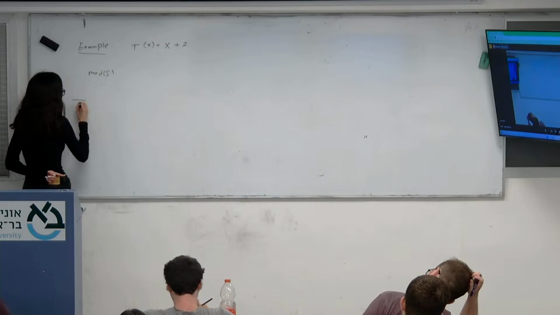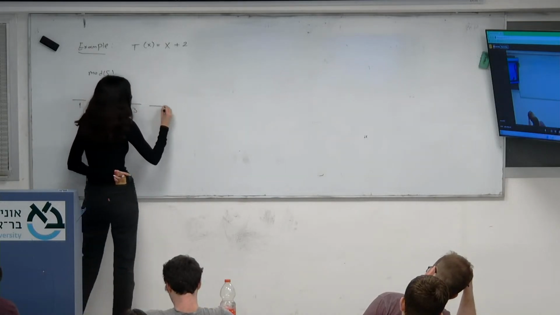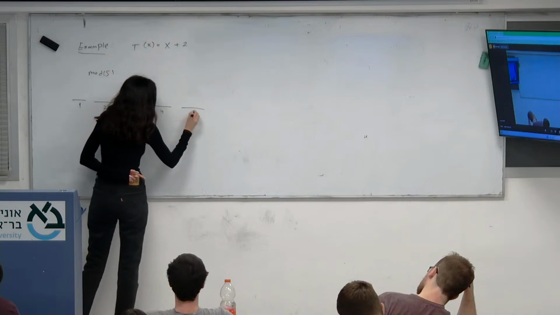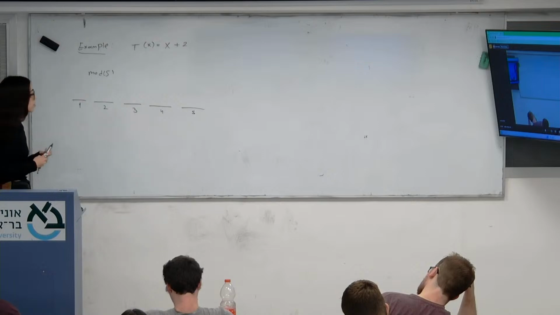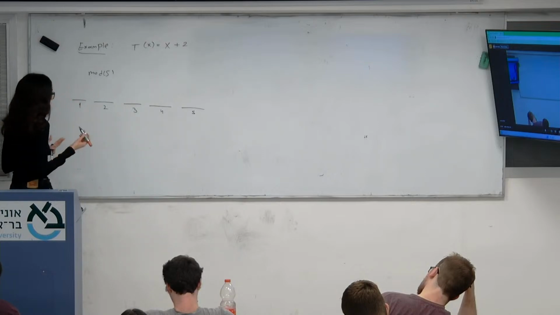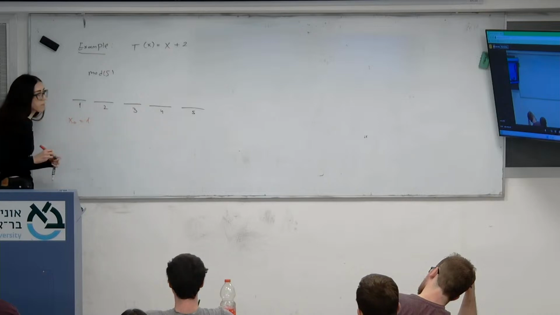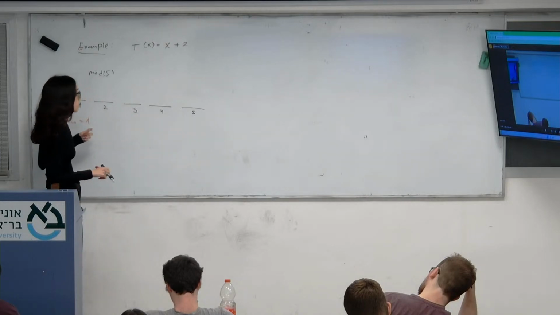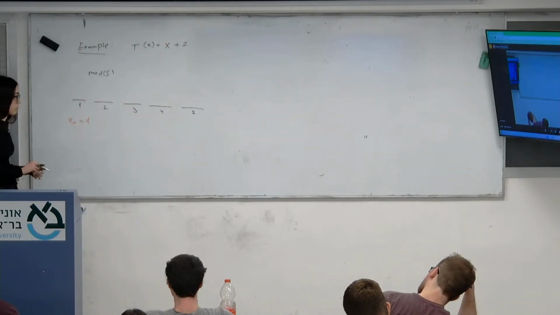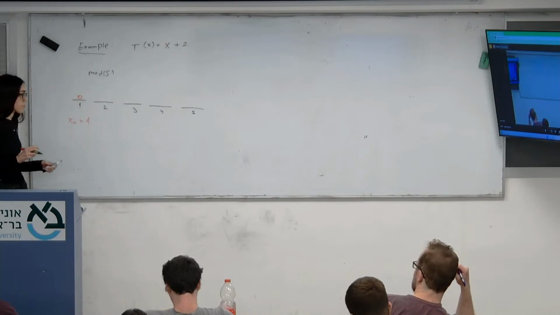So we have 1, 2, 3, and we have some initial condition, for example x0 equal to 1. And then we can look at the time evolution of that initial condition. So the particle starts at that position.